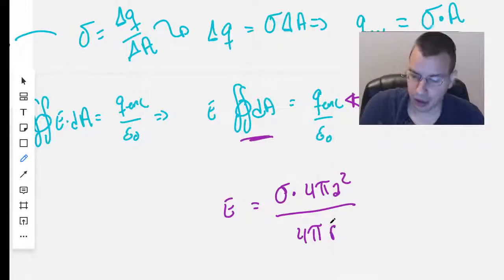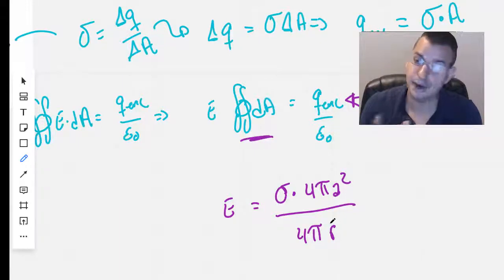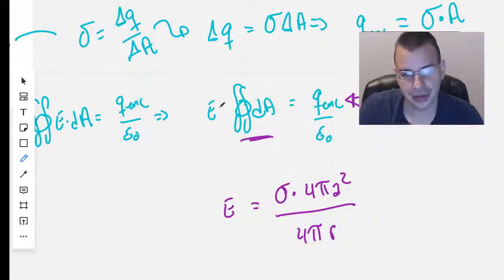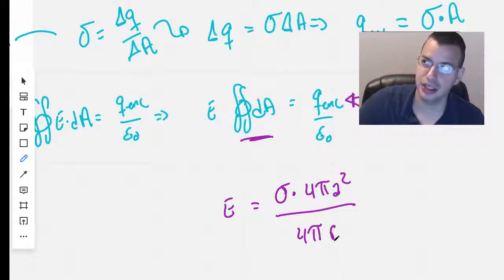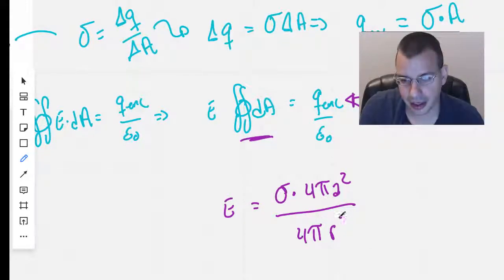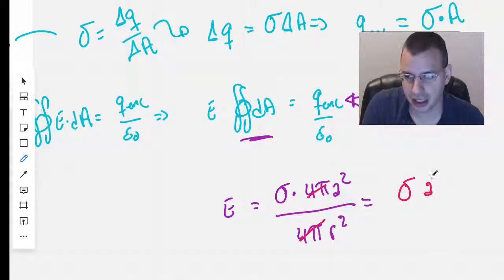That way, all the electric field lines will be parallel to the area vector at every point. Okay, 4 pi r squared. Do some canceling. Cancel, cancel, cancel, cancel. And we're left with sigma a squared over r squared.